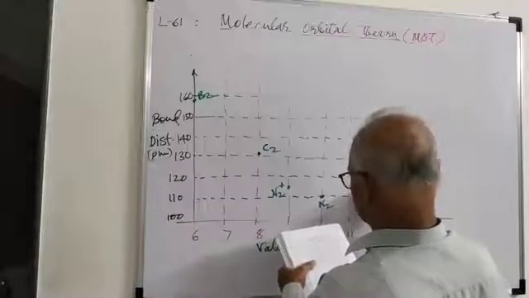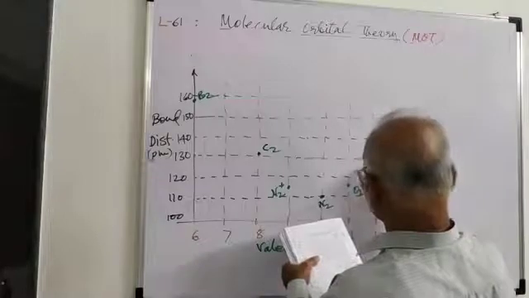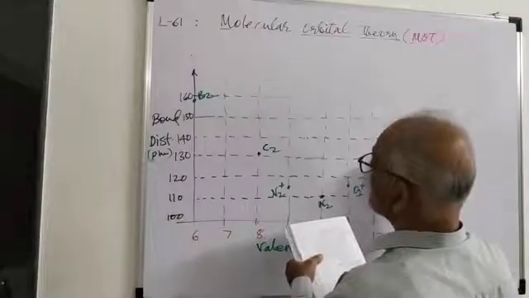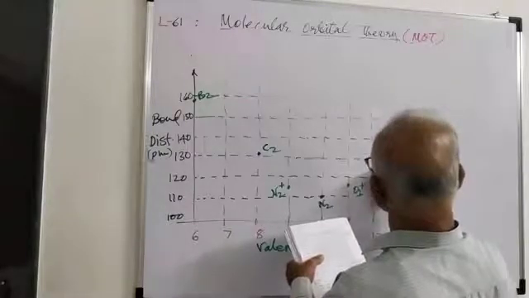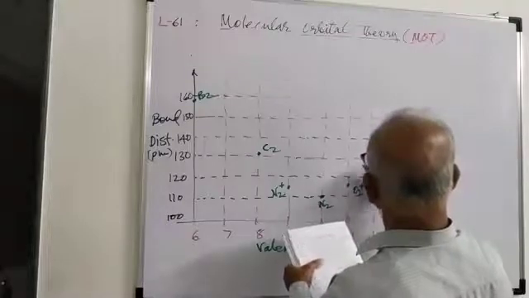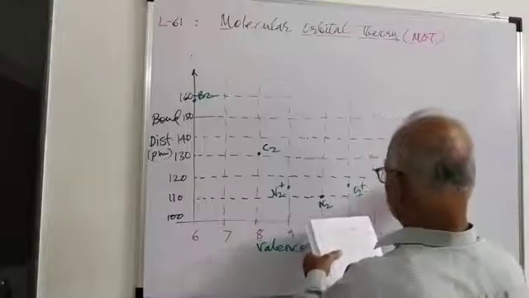O2 plus, then there is O2 with 12 electrons, 121 here. This is O2.